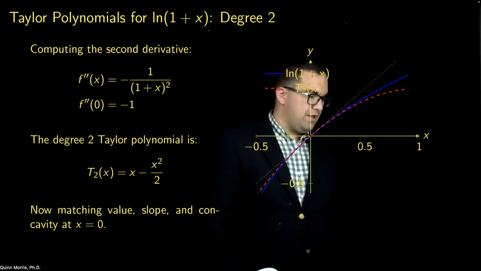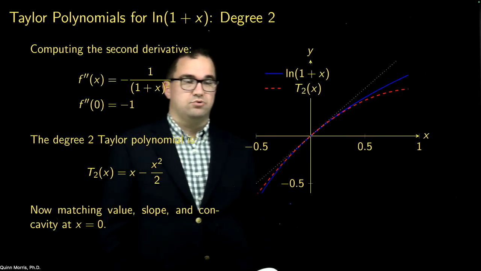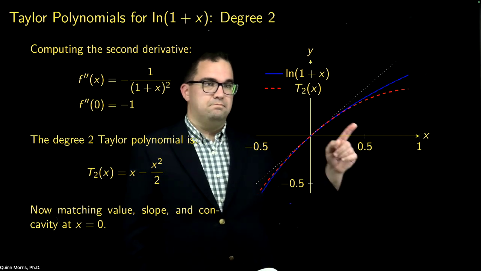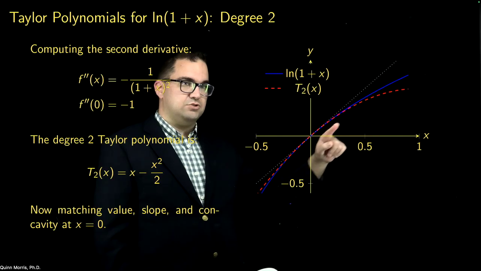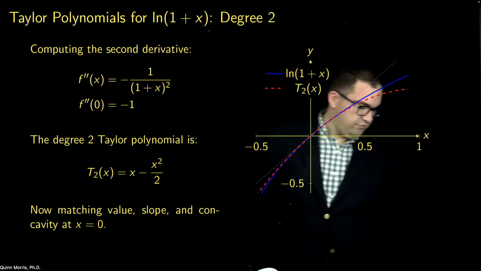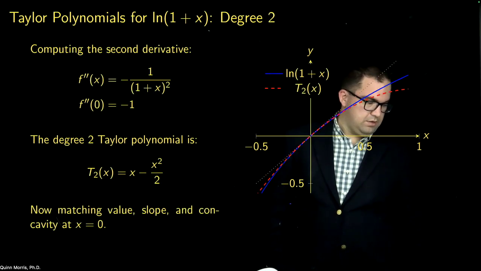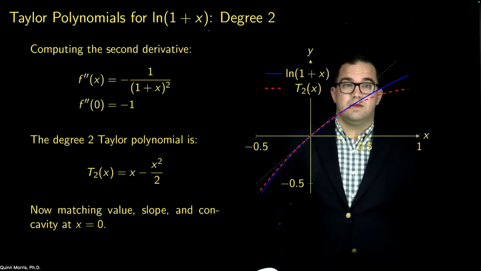It's a slightly better approximation for the blue function, the natural log of 1 plus x. Maybe it's a better approximation for a slightly wider range of x values. If we go back and compare, it's a little closer for a little longer, perhaps. But how can we make it better?